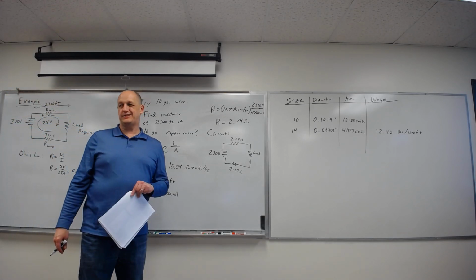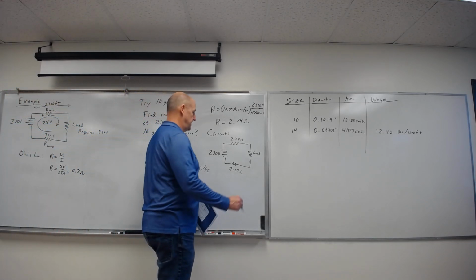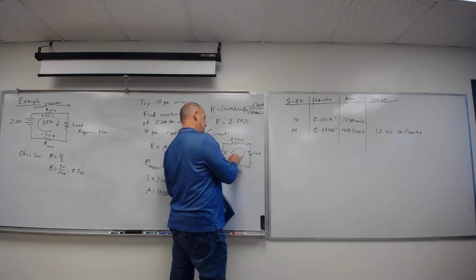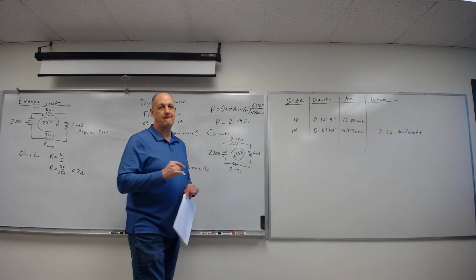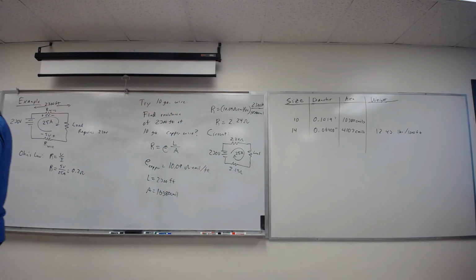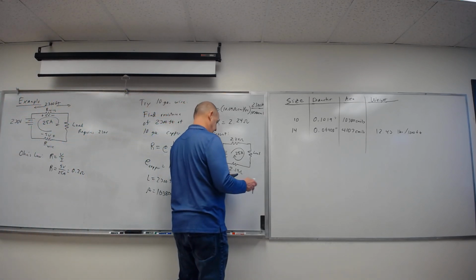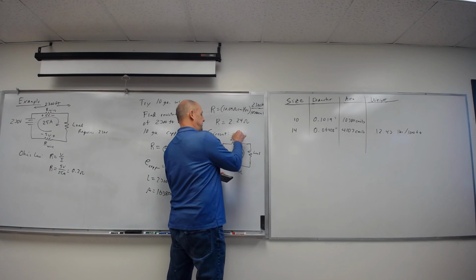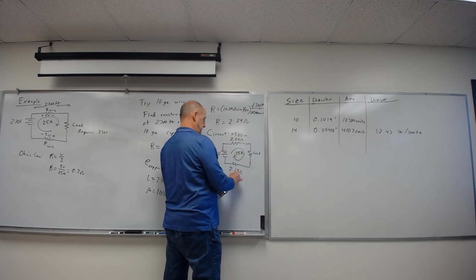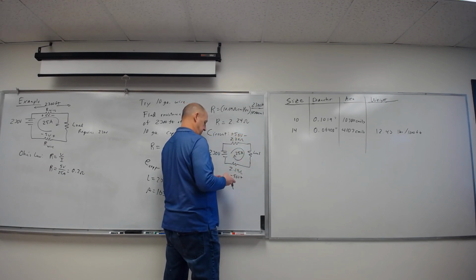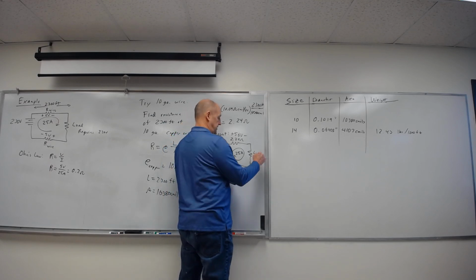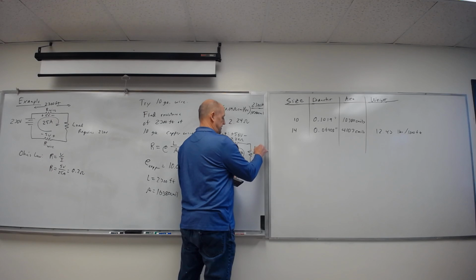Now I don't have a resistance for the load, so we're just going to say, hey, remember how we said we need 25 amps? Let's just see what happens if we're drawing 25 amps. So I can take 25 amps times 2.24 ohms and find I drop 56 volts. Which means I'm going to get something like 118 volts here.